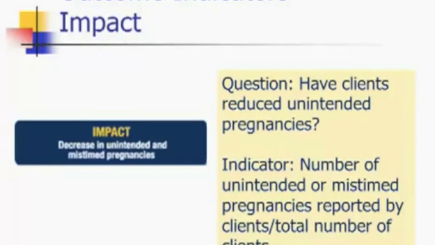And we've seen how we can evaluate the outcome of our project using short, medium, and long-term outcomes from our logic model. We ask questions about what the program has achieved, and we can develop indicators to help us assess those achievements.